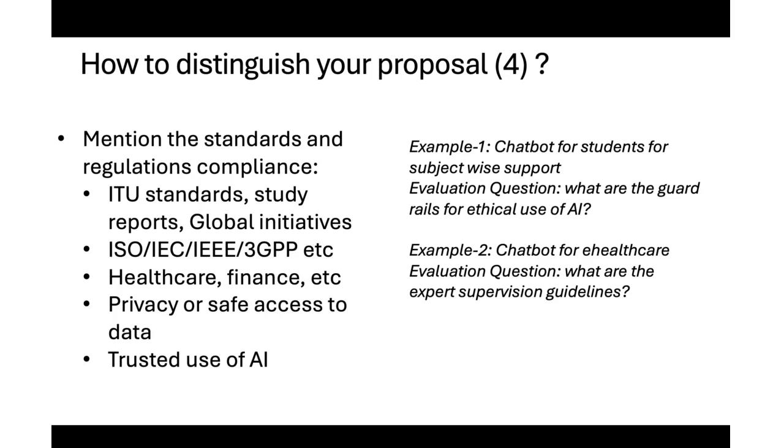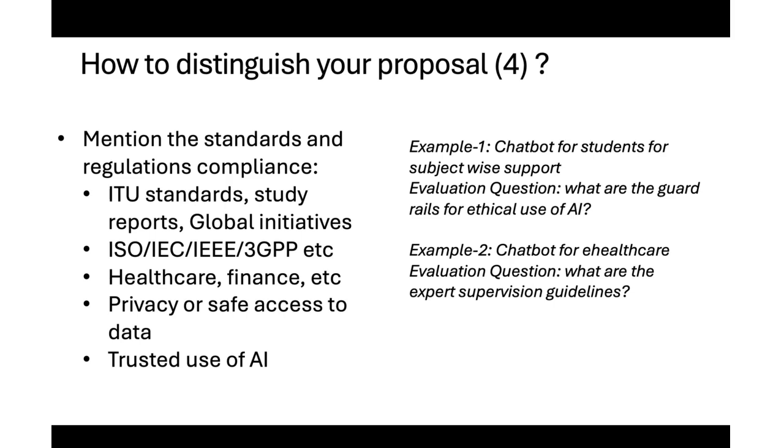Especially these students may be young students, we are looking at 12 to 14-year-old students maybe. So in such cases, what are the specific guardrails for preventing abuse and increasing the ethical use of AI?